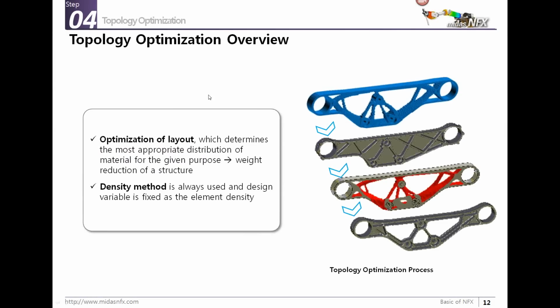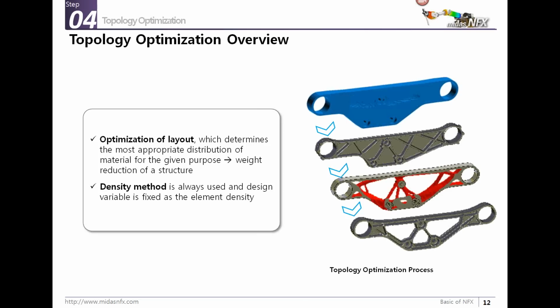Topology optimization is the optimization of the layout, which determines the most appropriate distribution of material. So let's say the weight of the model. It's a way to optimize the density of material that is used in the model, and it's particularly useful to optimize the mass of your part, for example.